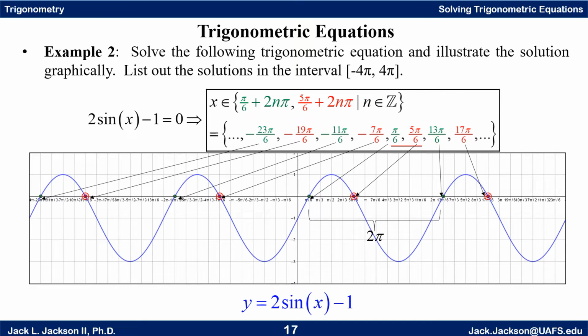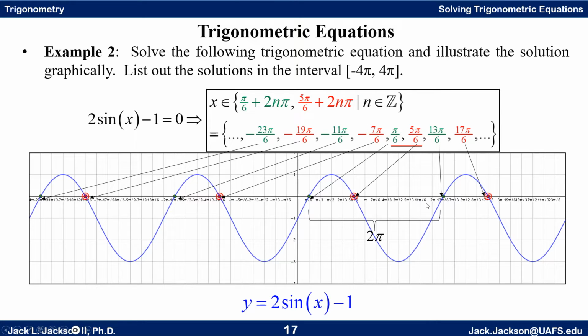Now sometimes you'll want to list out all the solutions in a certain interval, say from 0 to 2 pi or negative 2 pi to 2 pi, or I decided to do them all between negative 4 pi and 4 pi. And here you can see them. The ones underlined here, pi over 6 and 5 pi over 6, are when you let n be 0. If you let n be 1, you're adding 2 pi, or 12 pi over 6, to pi over 6, which is 13 pi over 6.